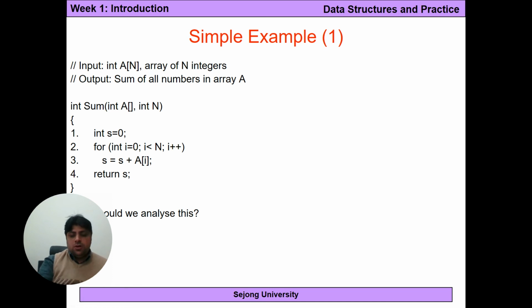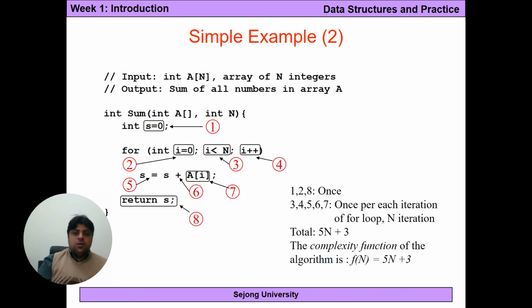How would you analyze this? This is explained here. That is the simple example we discussed in the previous slide. As you can see, these are the instructions that are being executed once. We have initialized s equal to 0, and it would be executed one time.